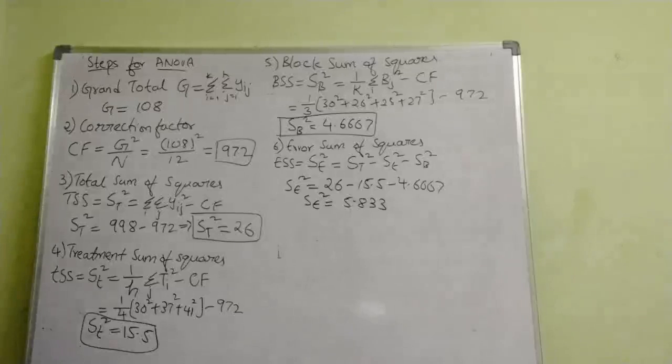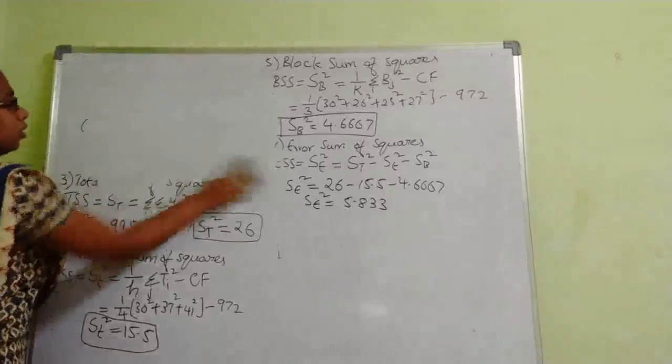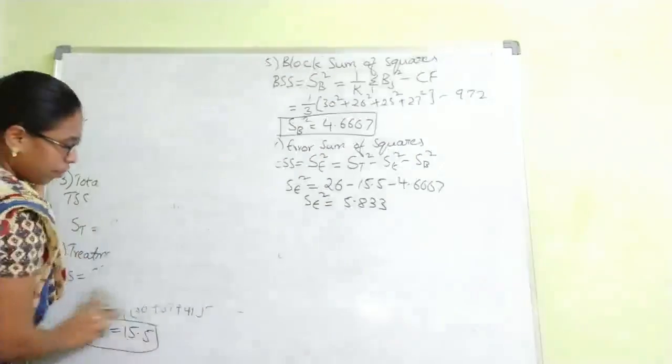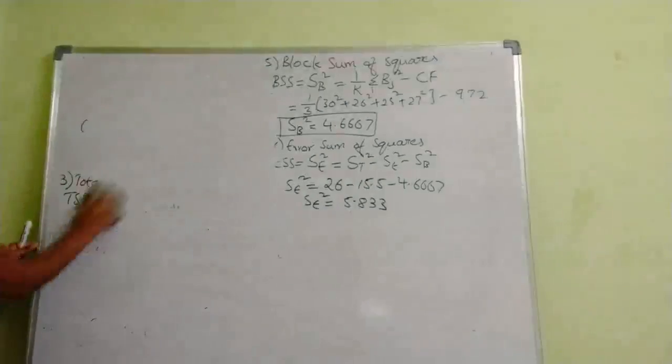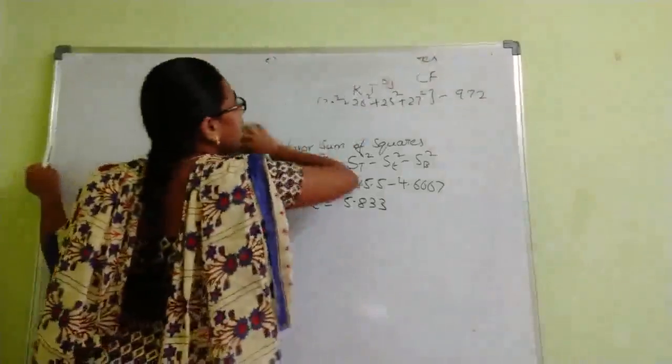Now we will write our ANOVA table. So remember all these values, copy all the values, do it by yourself. Now we will write all these values in the ANOVA table.